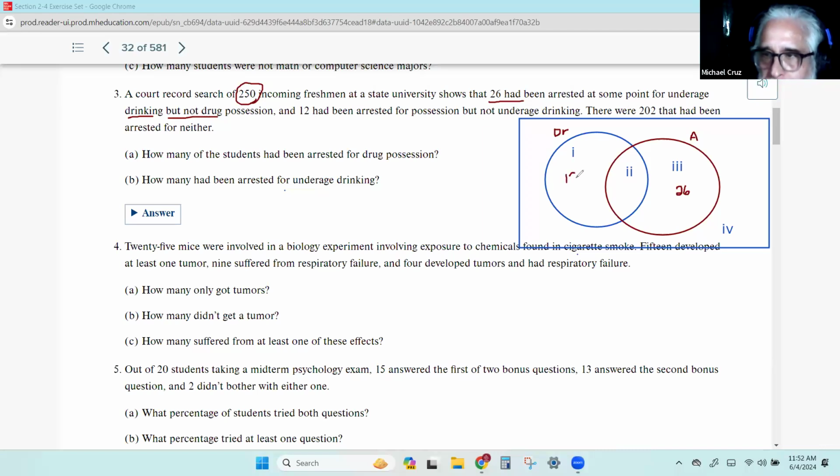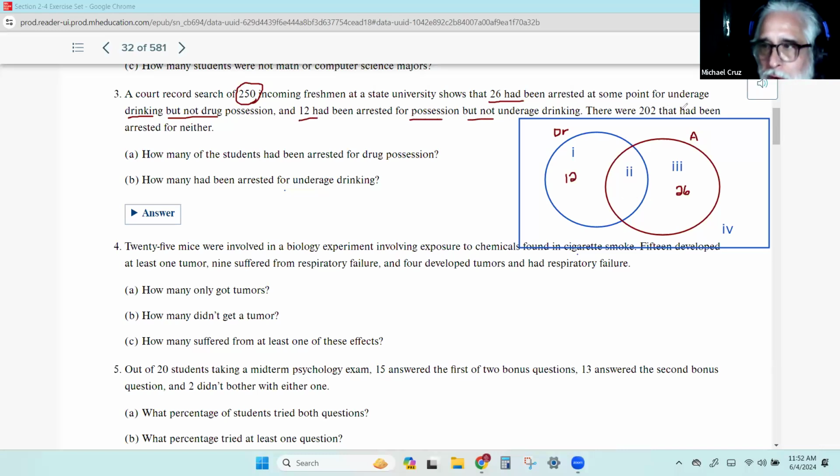So here's the possession. I guess I should have put P and DR, but this will work. This is the drugs. That's the alcohol. All right, 12 possession, but not drinking alcohol.